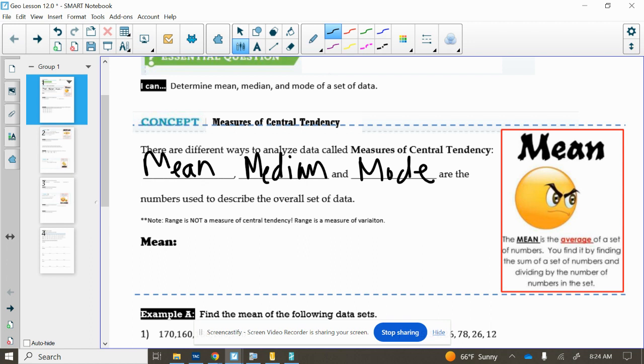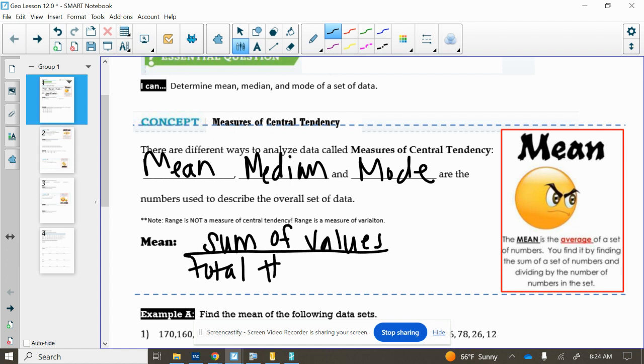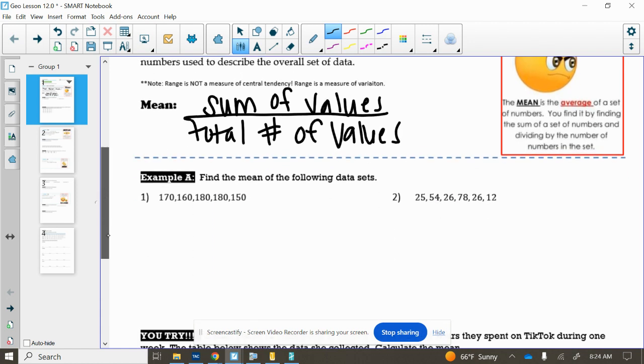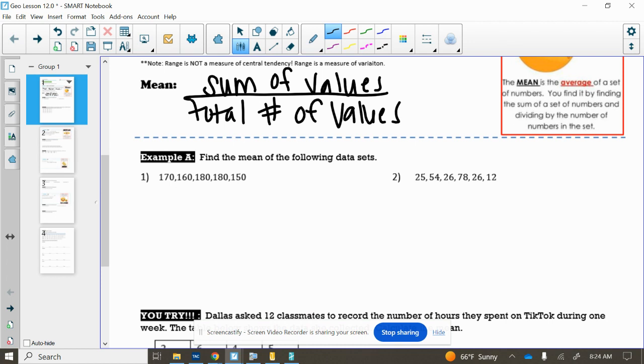So when we look at the mean specifically, we take the sum of our values and we divide it by the total number of values that we added up, right? So that's how we're finding our mean by hand each time. If we look at this first set of data, there are 5 total numbers that we are adding up.